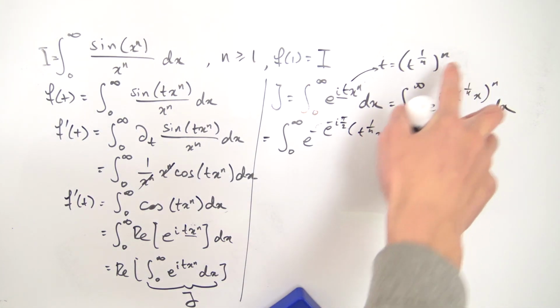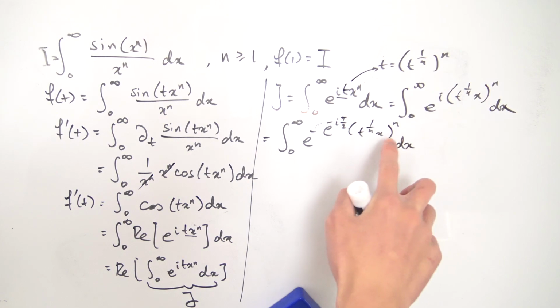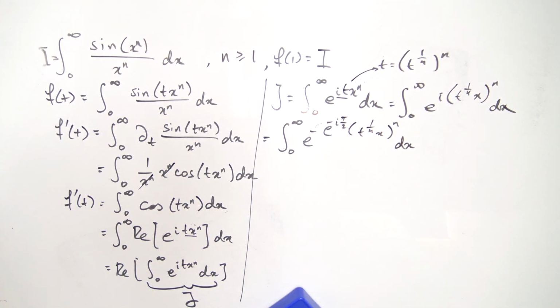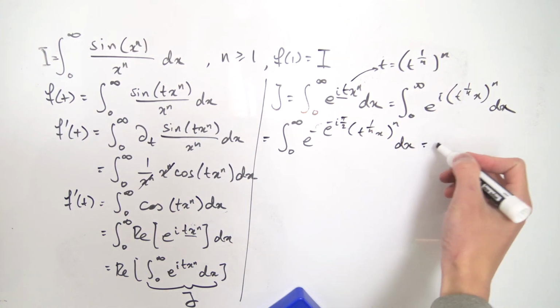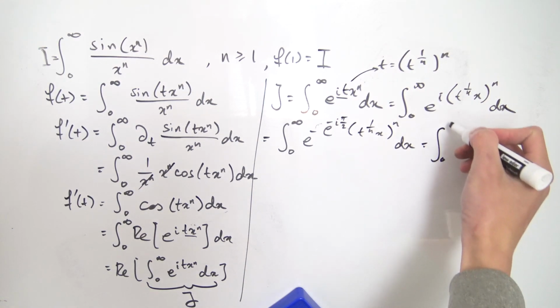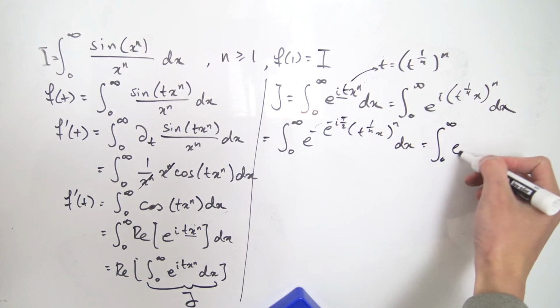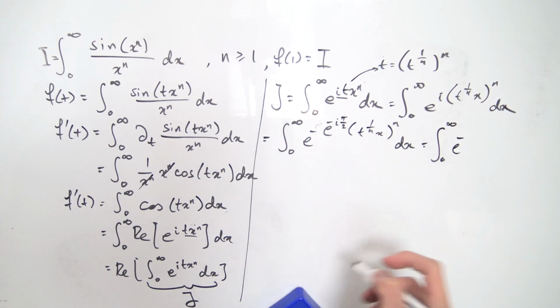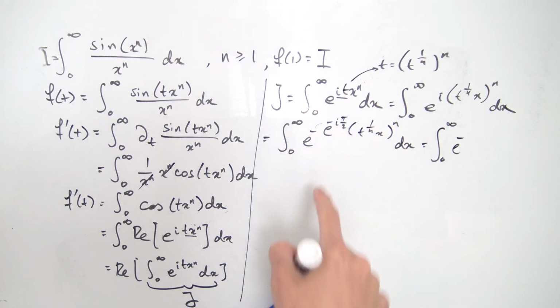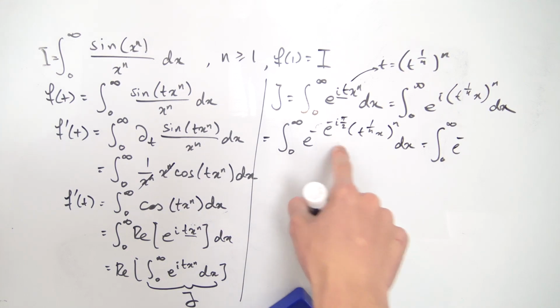And in doing so, we get something raised to the nth power, which we can combine with what we have over here so far. So I'm just going to write it out right here. We're going to have the integral from 0 to infinity of e to the minus, so this minus stays as it is. We're going to be transforming this e to the minus i pi over 2.